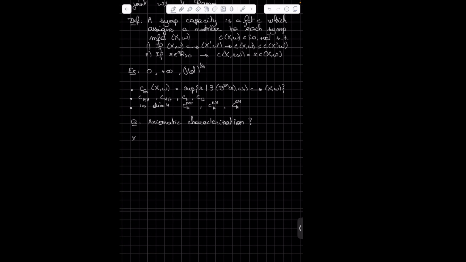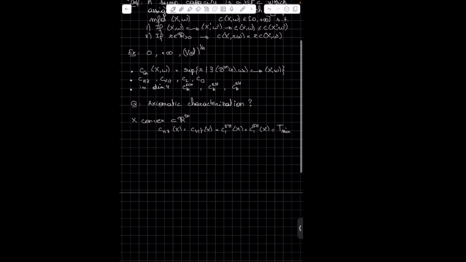If one looks at a convex set in R^2N, and by convex I mean affine convex, like the line segment between any pair of points is inside the domain, then a result by many people is that some of the capacities I've shown above, the Hofer-Zehnder capacity, the Viterbo capacity, the first Ekeland-Hofer capacity, and the first capacity coming from positive S1 equivariant symplectic homology, all are the same and are measuring the period of the shortest periodic orbit on the boundary of the domain.